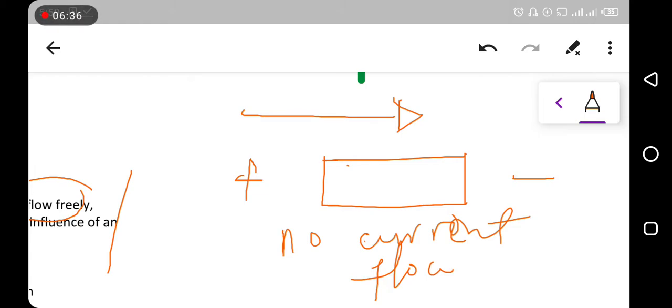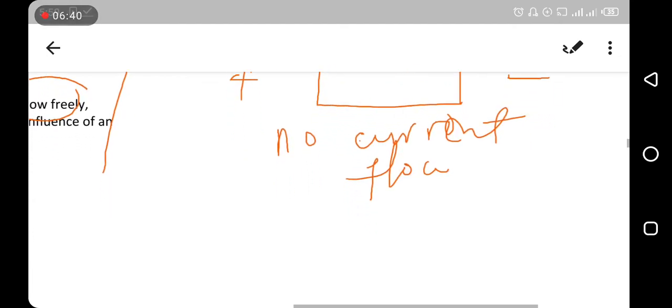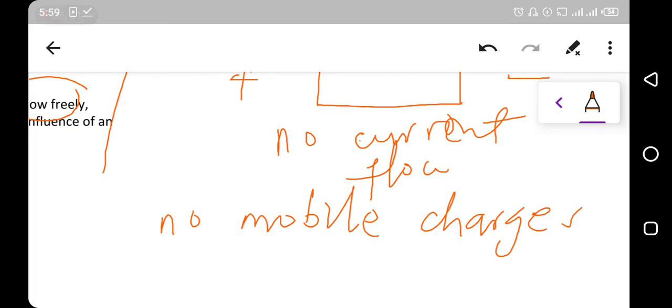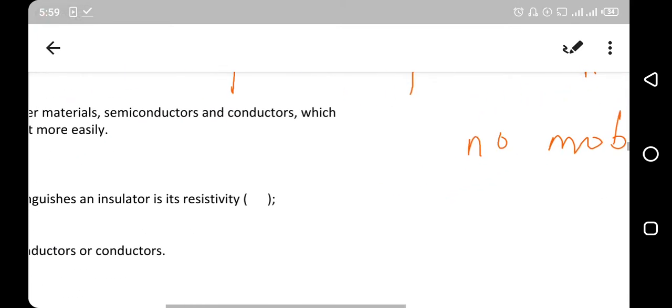So why does the insulator not conduct electricity? Because it has no mobile charges. Hakuna charge ambazo zipo huru ambazo zinaweza zikamove, the mobile charges. So these are the insulators.